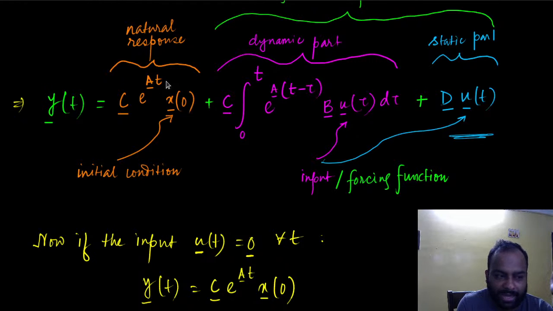Now A is not a scalar quantity, it is a matrix quantity. What is exponentiation with a matrix? That's the only crazy thing here. So if you understand e to the power At, we also understand this. So we're going to explain that term first, to some extent, and then we shall talk about the solution.